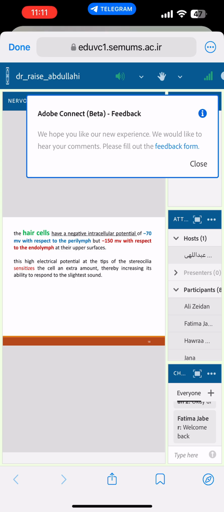So we have minus 150 millivolts with respect to the endolymph at their upper surface.